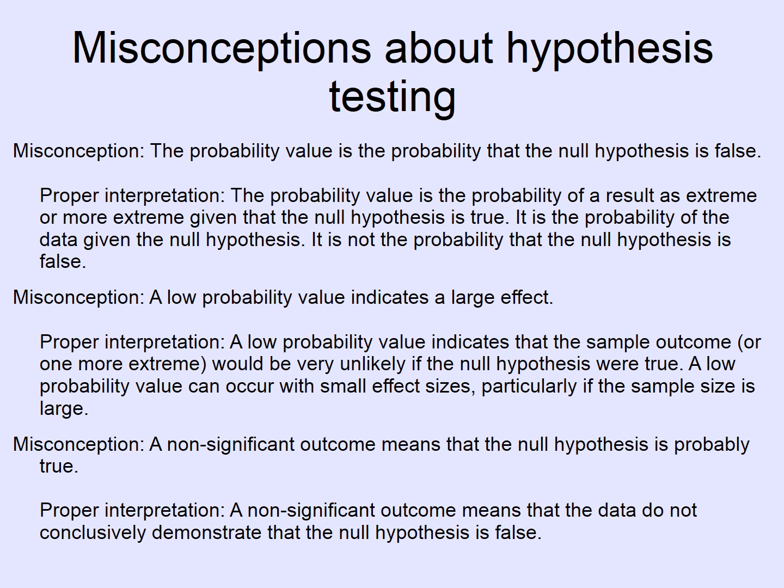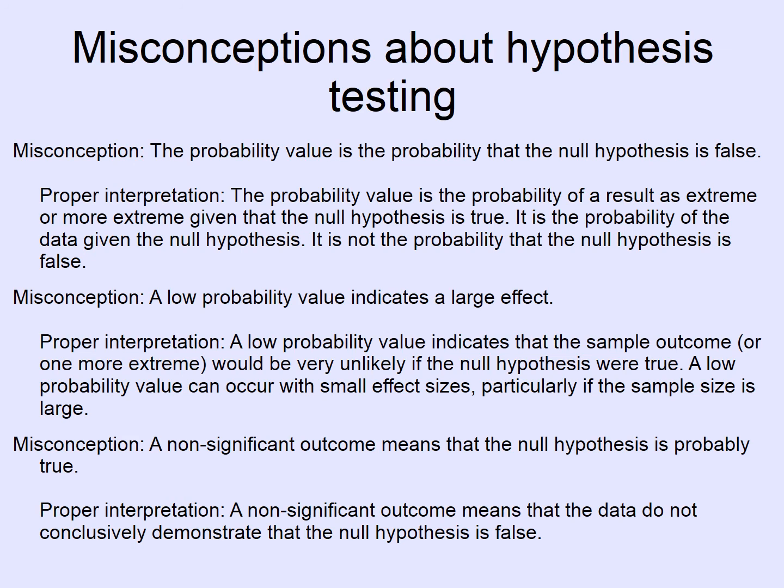So, just some misconceptions about hypothesis testing, okay? The probability value is not the probability that the null hypothesis is false. It's the probability of getting a result, a test statistic, as extreme or more extreme, under the null sampling distribution. So it's the probability that you got some result by chance alone.